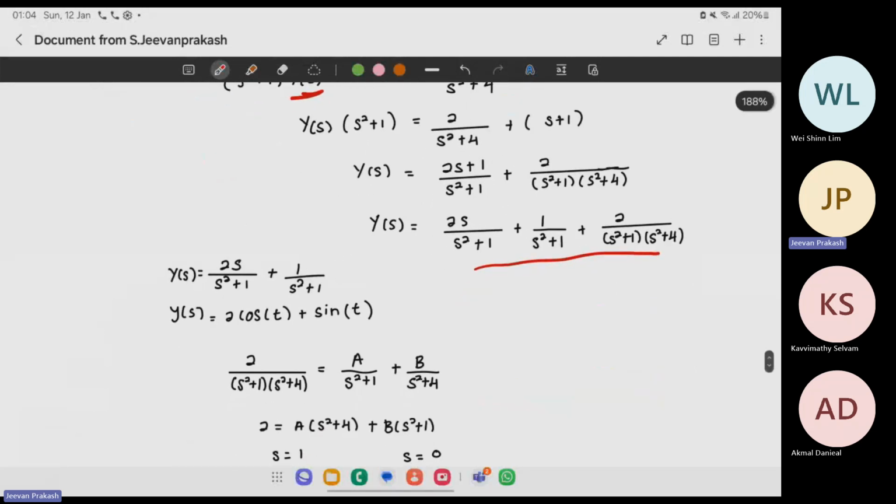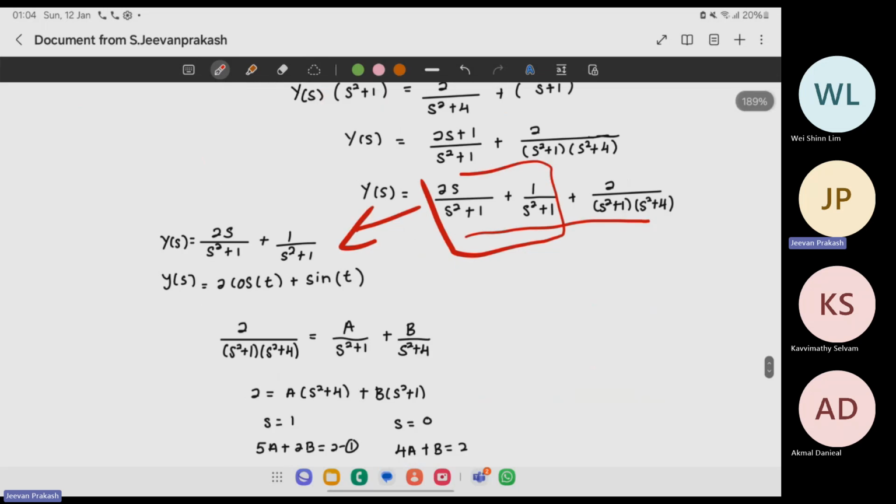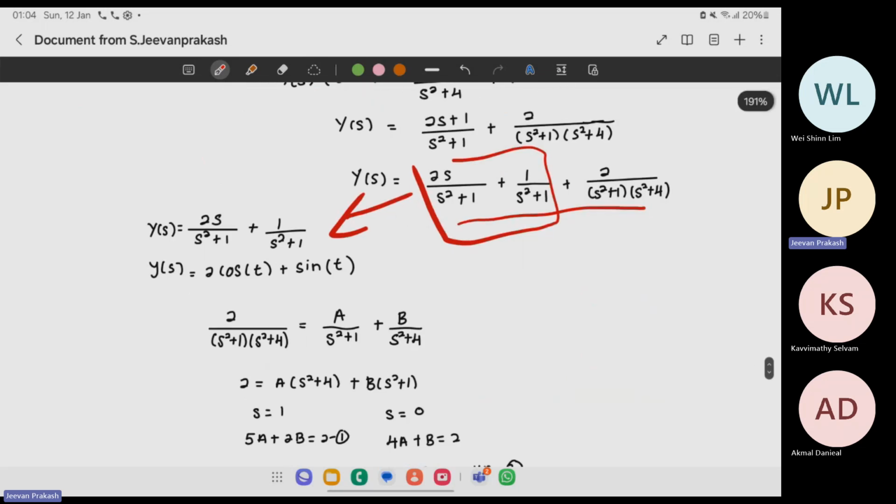Next, we take this equation. Y(s) equals 2s over s square plus 1 plus 1 over s square plus 1. This equation we have to change back using the inverse Laplace transform, whereby y(t) equals 2 cos t plus sin t.